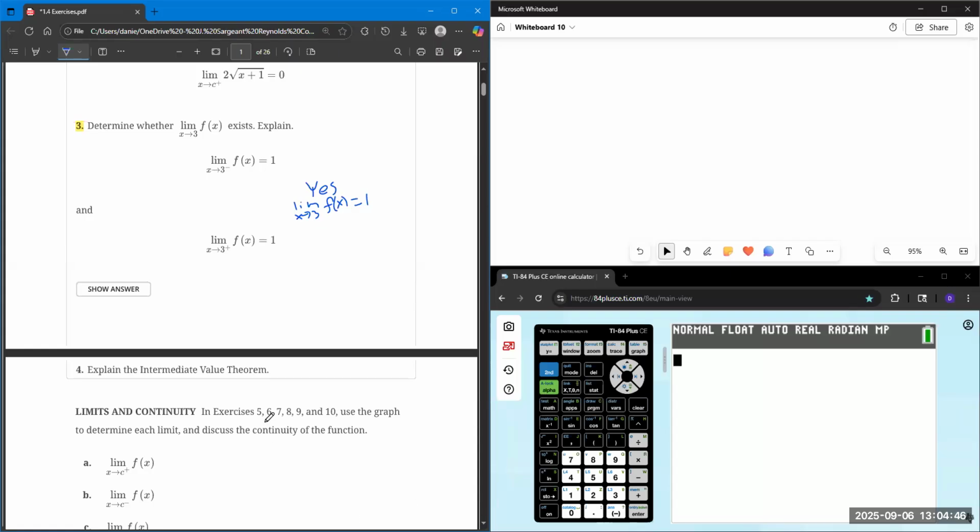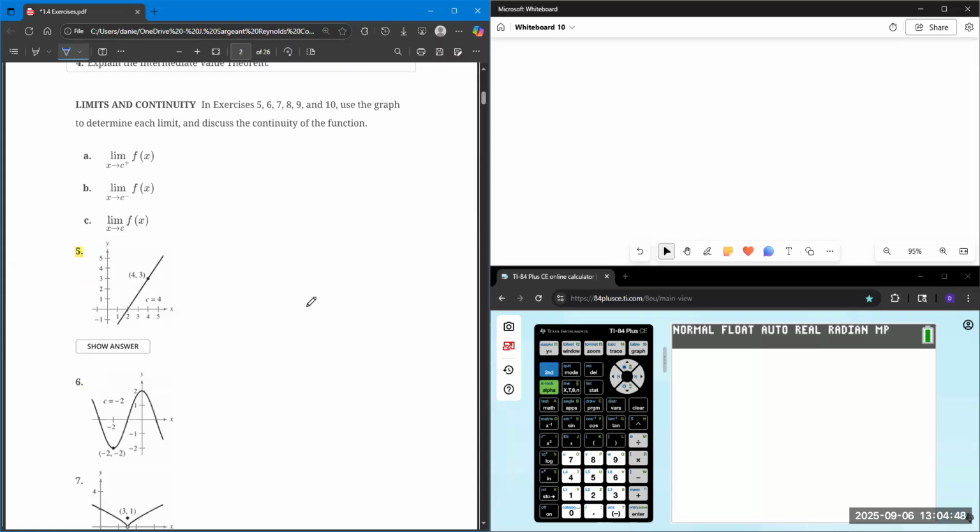So let's go ahead now and look at number 5 and use the graph to determine whether the limit exists and discuss the continuity of the function. So the limit as we approach c, where c equals 4 here, for this first problem: the limit as x approaches 4 from the right of f of x is equal to 3.